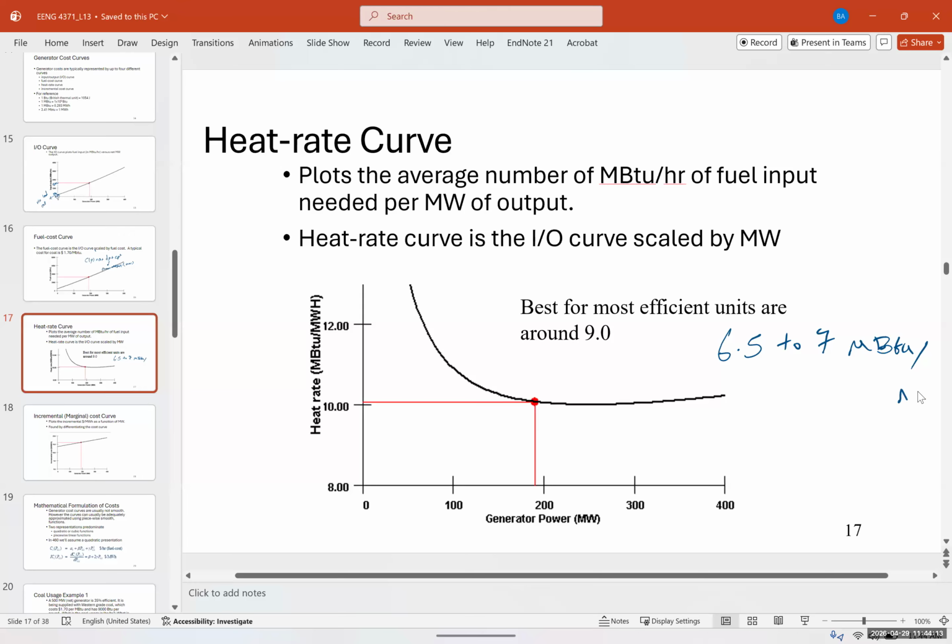Sorry, I'm at the corner and I can't. Per megawatt hour. Now, older, smaller units, so this is the best system. The old models are around 10 million BTUs per megawatt hour.